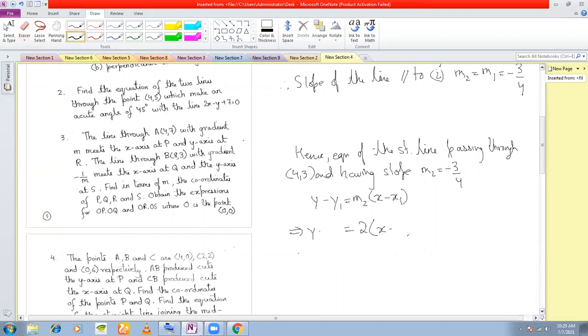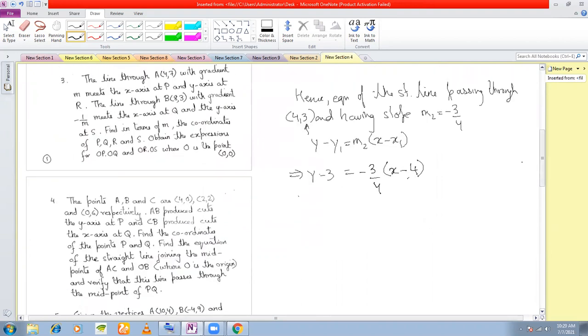y minus y1, which is 3, is equal to m2, which is minus 3 by 4, into x minus x1. x1 here is 4. So this is the required equation. But remember, always, whenever you are writing the equation of a straight line, take everything on one side, and try to express the right hand side as 0.